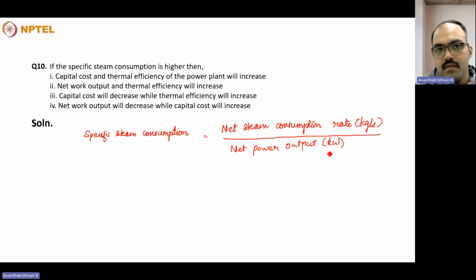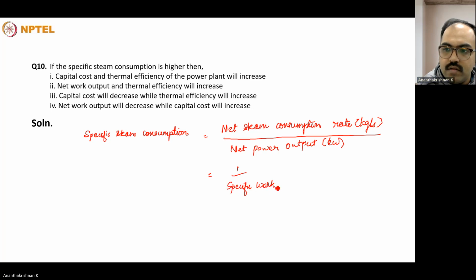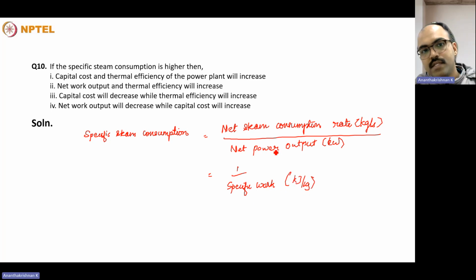So basically, the steam flow rate divided by the work output will be the specific steam consumption. So basically, this is 1 by specific work in terms of kilojoule per kilogram. So specific steam consumption is actually the reciprocal of the specific work, and it will be in terms of kilogram per kilojoule.